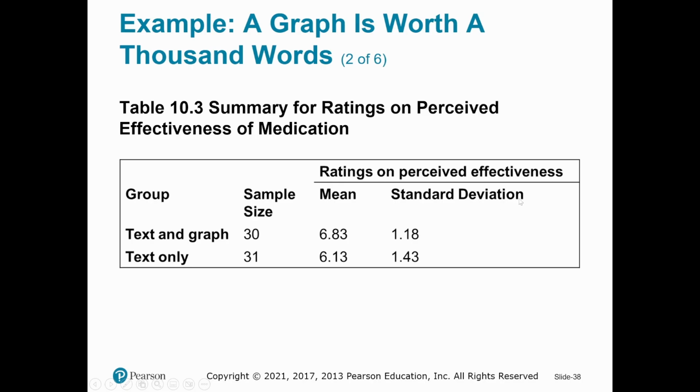Now, it doesn't say the word sample, but this here says the word sample. And this tells us that it's a sample mean and a sample standard deviation. The sample size is not considered a statistic, but it has to be presented with your summary statistics so that you can evaluate statistical significance.